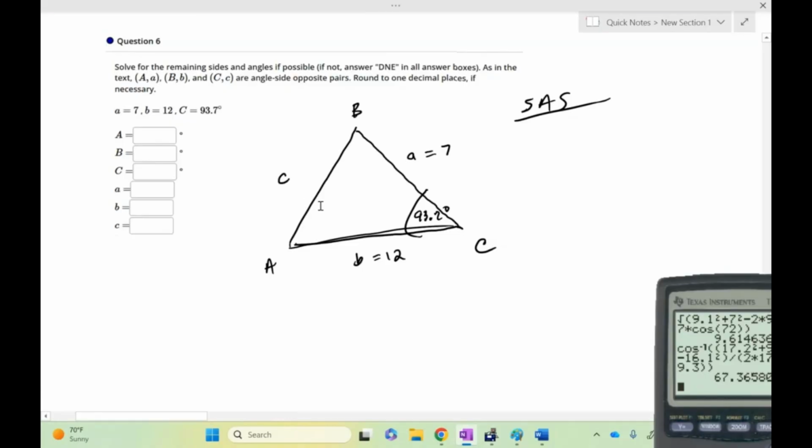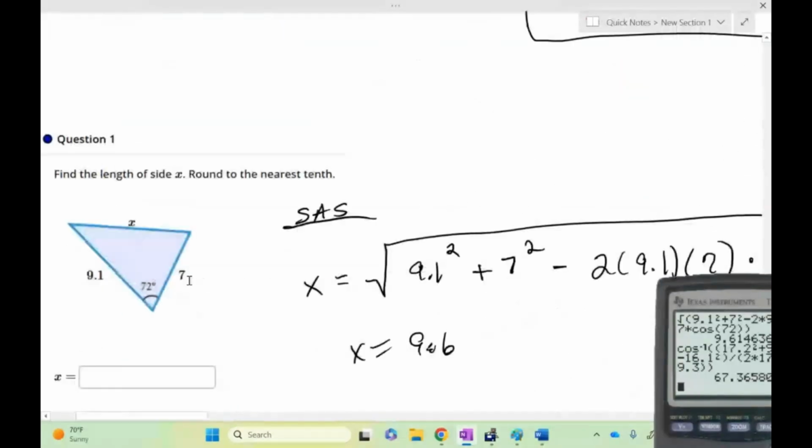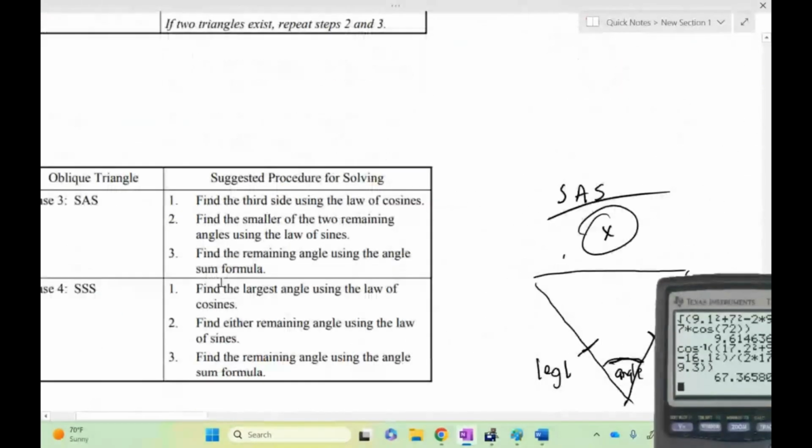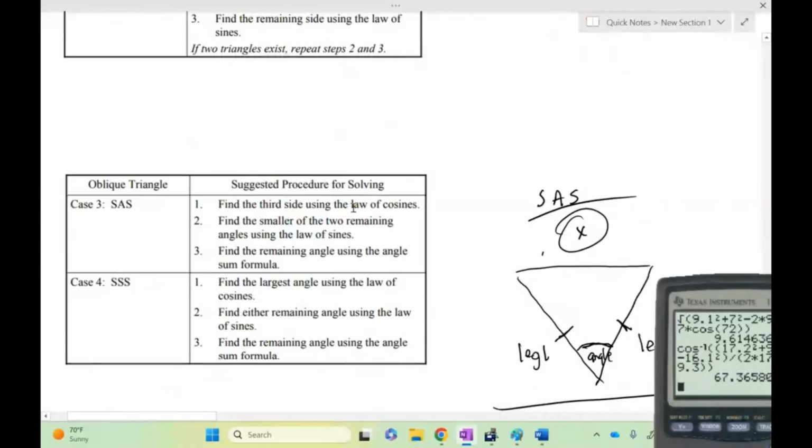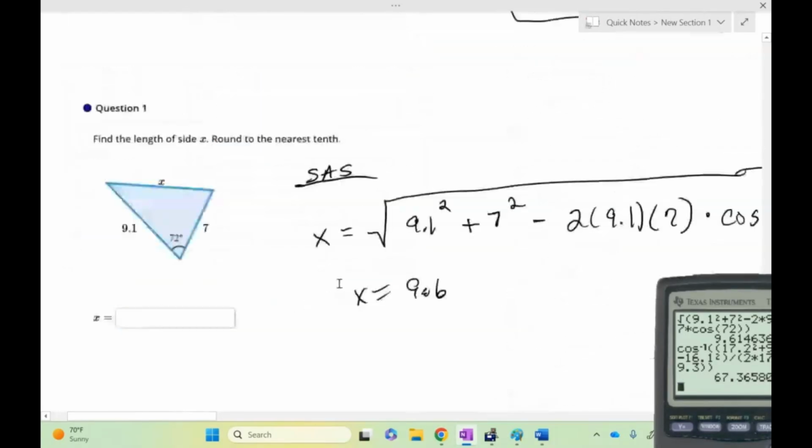Two side lengths and an included angle measure are given. So if we're looking back at the side angle side case, it says find the third side using the law of cosines. Then we must find the smaller of the two remaining angles. And then we use the sum formula to find that third angle.